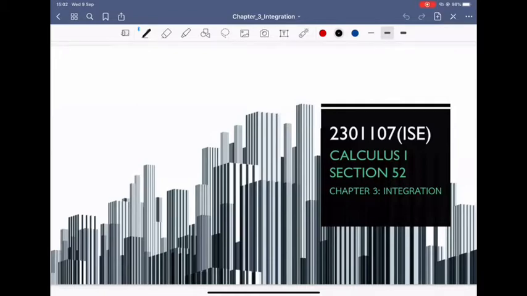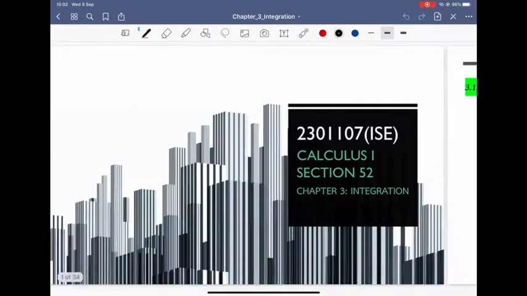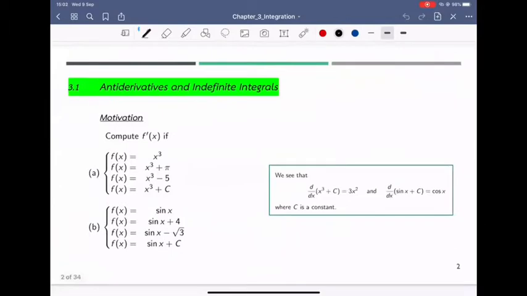All right, so first let's look at the definition of antiderivative. I am going to look at the motivation first. Let's suppose that you have a function f. As I show you on the slide here, I have function f equal to x cubed. If I take the derivative, f prime of x, I'm going to get 3x squared, right?